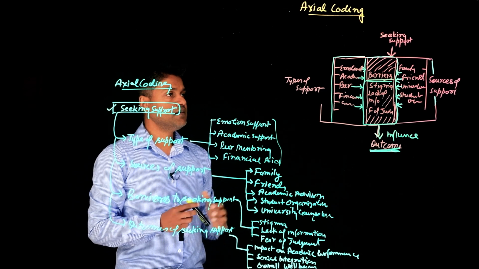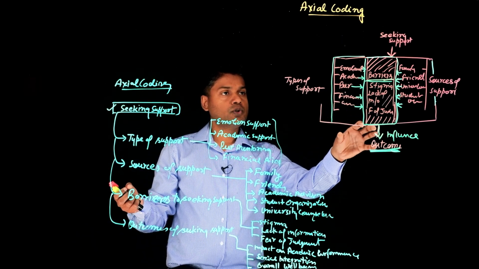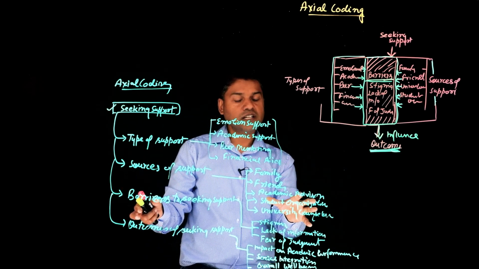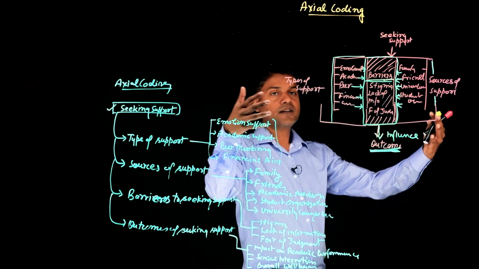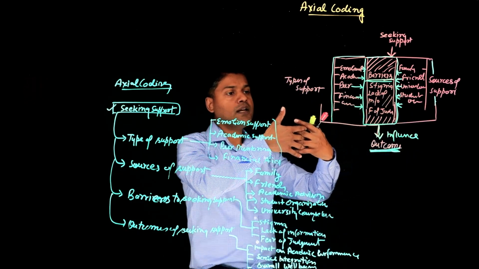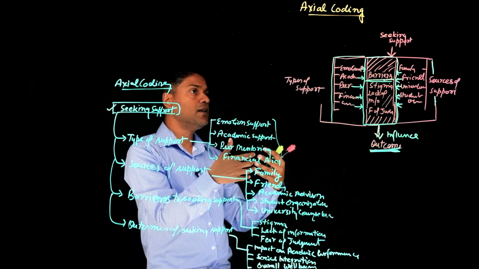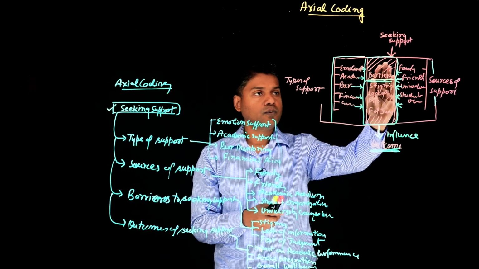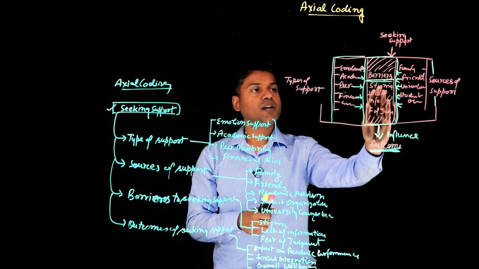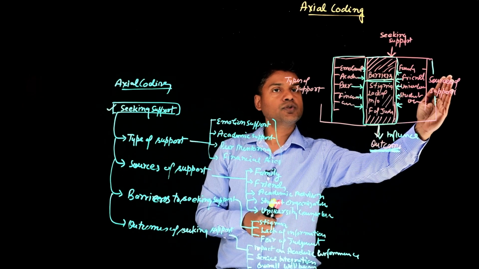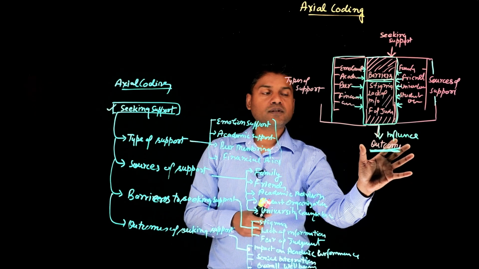So this is not the only way of putting out the relationship, but this is what I could see: types of support, sources of support, if they meet, then there will be a good adaptation on campus. But if the barriers are not addressed, which are stigma, lack of information, fear of judgment, if we can address these issues, then the sources of support and types of support will meet together, and that will influence the outcome.